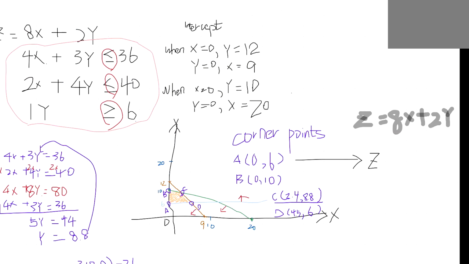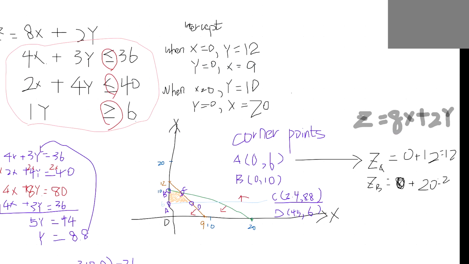At point A, z equals 0 plus 12, that's 12. $12 of profit you have. Now ZB at point B is 8 times 0, so it's 0, plus 2 times 10 is 20. So that's 20.